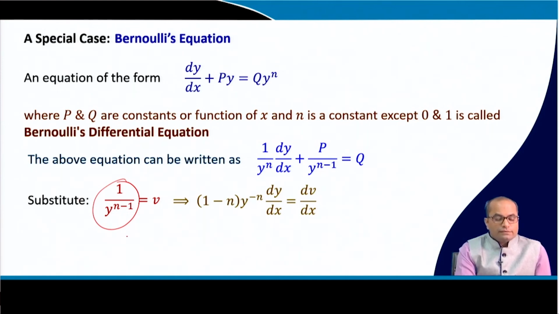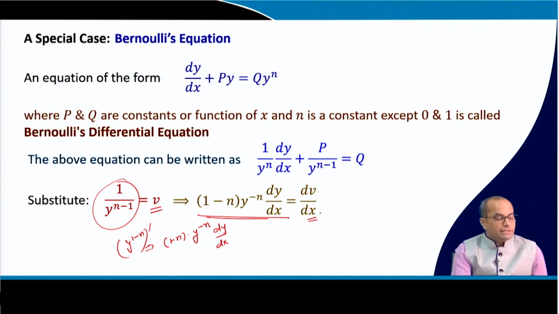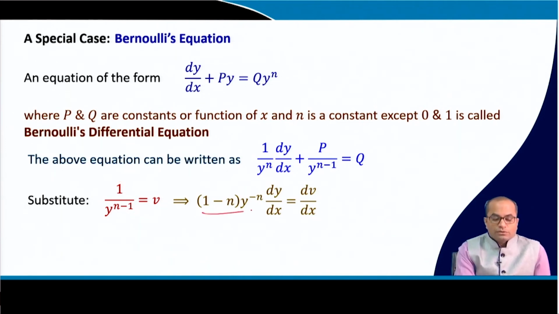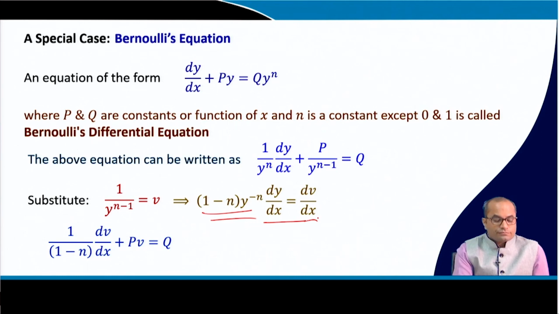This is y power 1 minus n, and after differentiation, the derivative of this will be 1 minus n and y power minus n, and then dy over dx. So, this is precisely the derivative here, and then the right hand side will be dv over dx. This one now can be substituted in this equation.